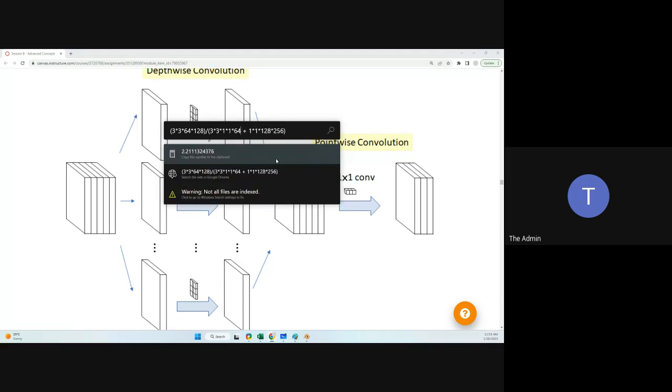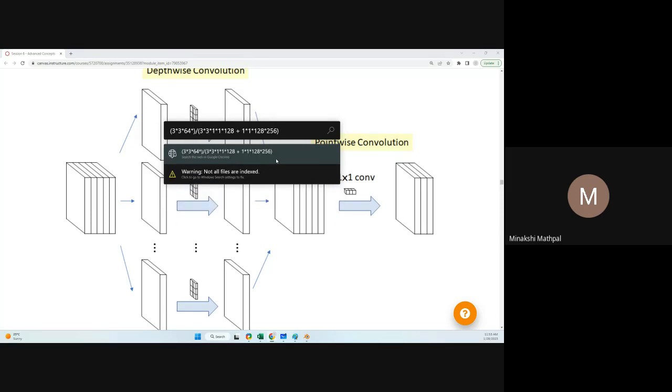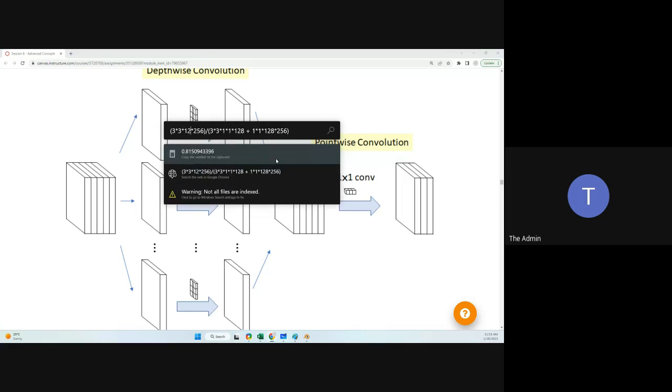Then this is also 128, and this is going to be 256. So on average you have 8 times reduction when we use something like depth-wise convolution.